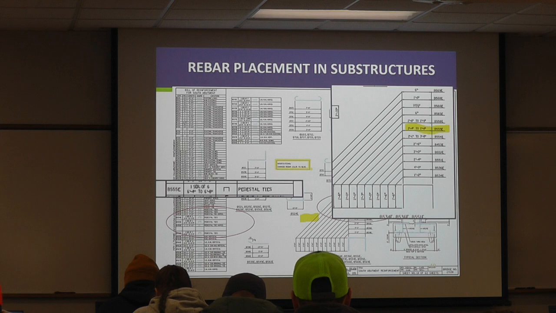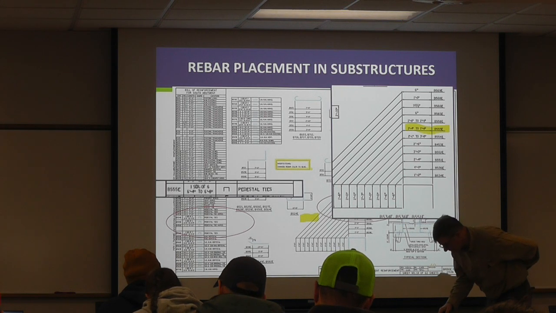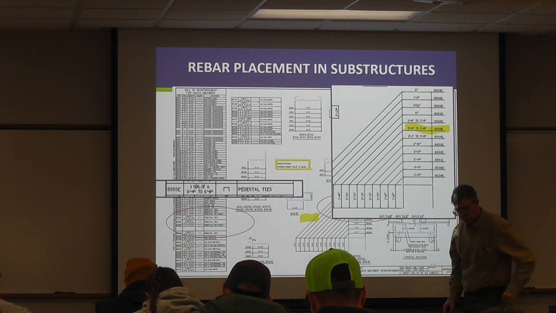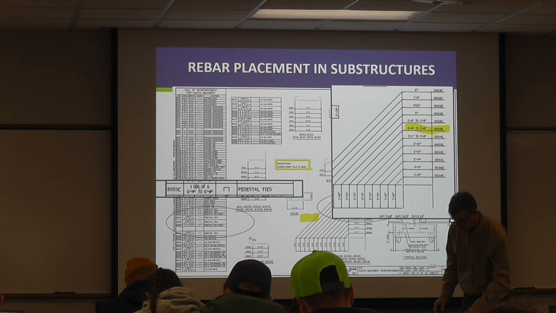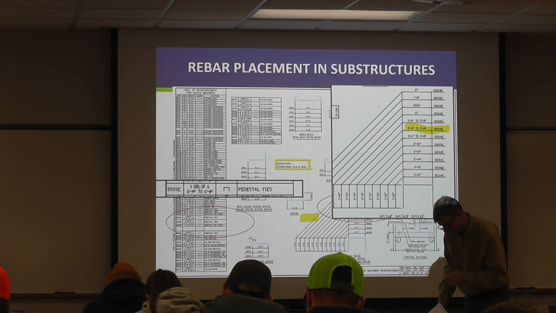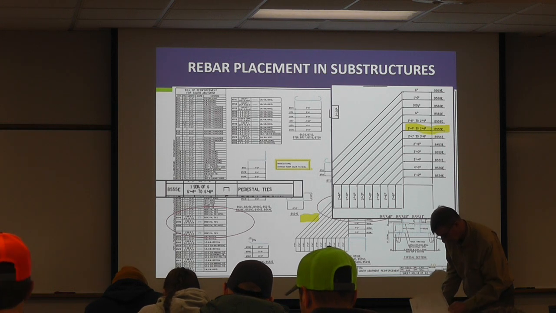Oh, and I was going to say, who can tell me where these are? What page can we find? I mean, we can see them. But who can tell me what page you can find where the spacing of the 555E bar is? What I hear, 10?